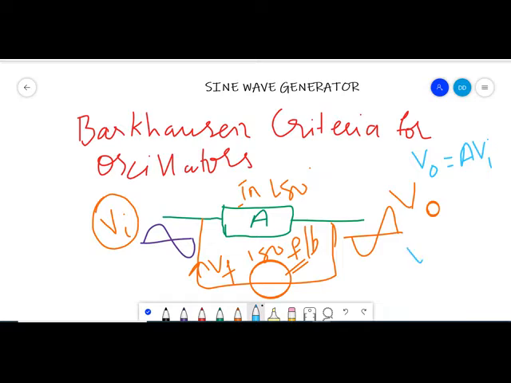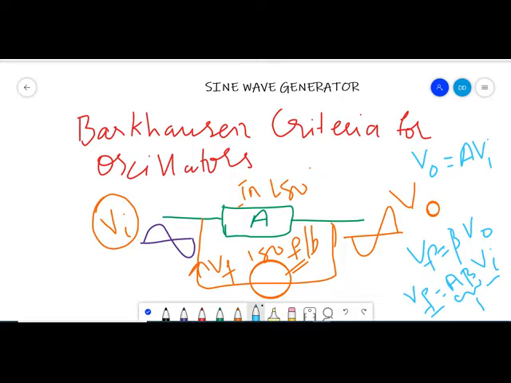Vf is equal to beta into V0, where beta is the feedback factor which is less than unity. Now Vf we can write as A into beta into Vi. So if the feedback itself is given as input to the amplifier, then the condition is A into beta should be equal to 1.